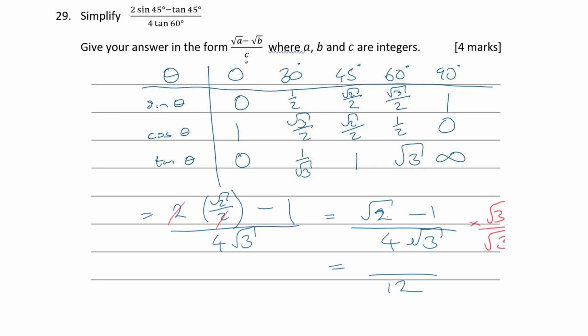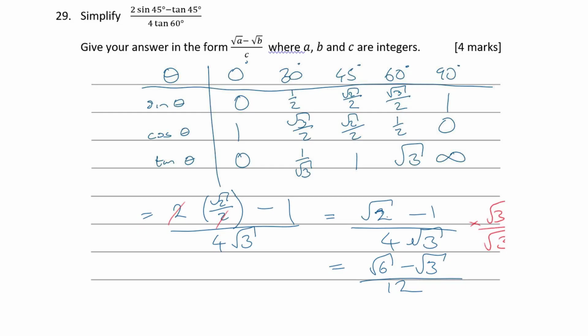On the top, I'm going to get root 2 times root 3, which is root 6, minus root, well, minus 1 times root 3 is minus root 3. So I'm going to get root 6 minus root 3 all over 12. So I think that is in the form that they want it to be. Yeah, got root 6 minus root 3 all over 12.